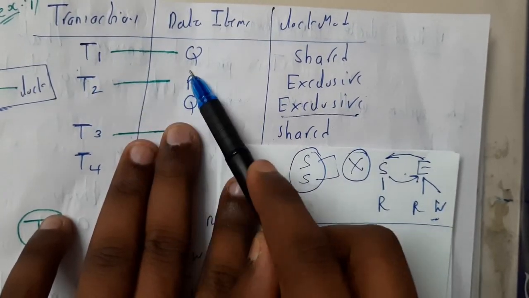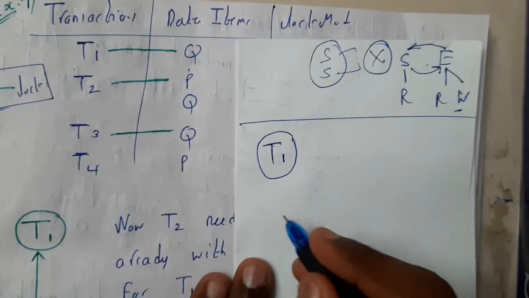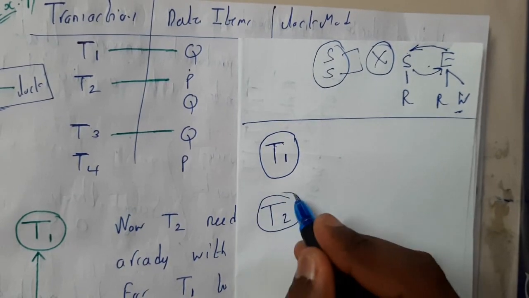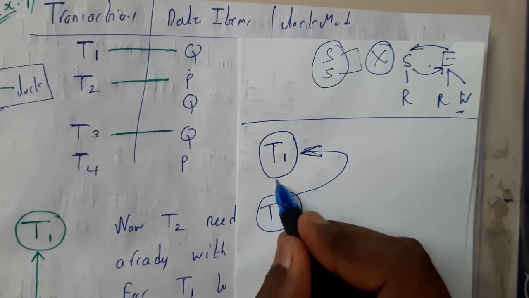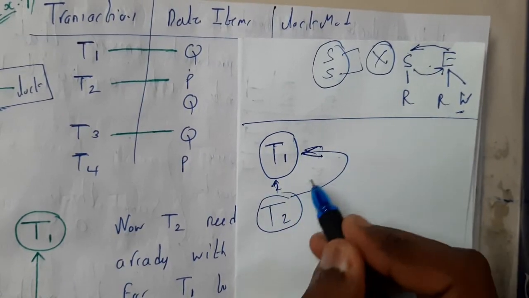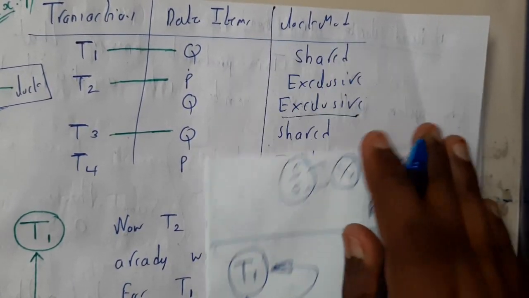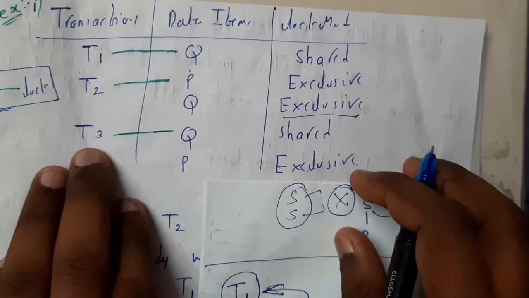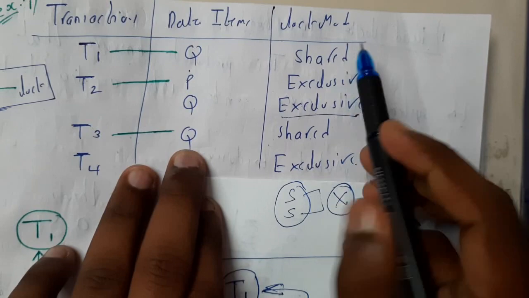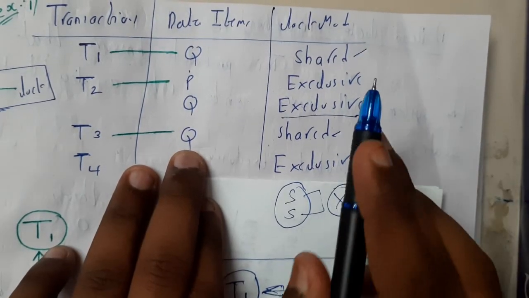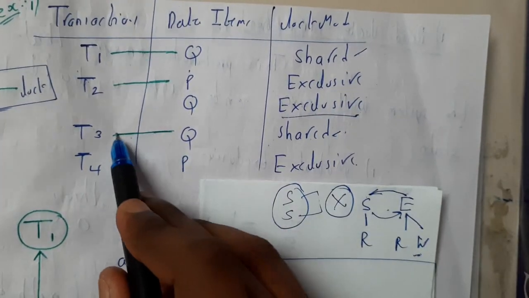T1 is already holding Q, so T2 is requesting T1. In that way you draw the diagram. You can keep a normal arrow also, but for clarity I have just kept a long arrow. After that T3 is requesting Q, that is shared.